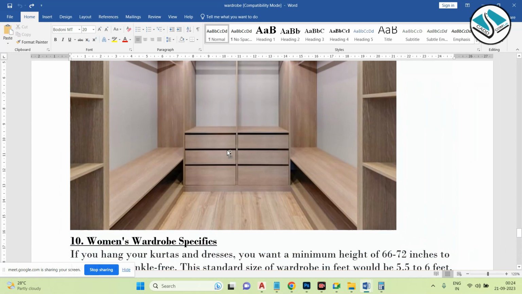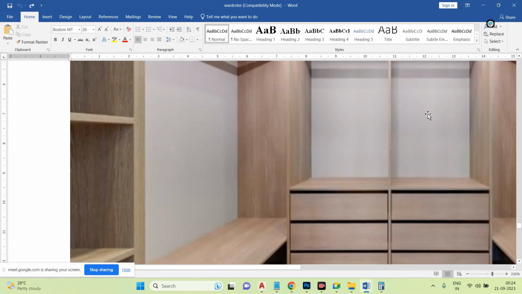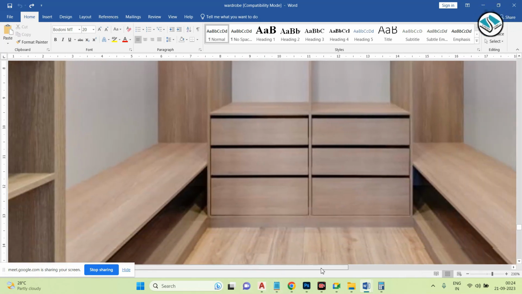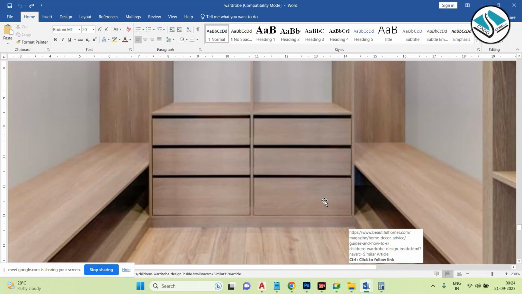This one. The 2 drawers are the same and the bottom one is quite bigger. The reason is the bottom drawer is only for the shoe rack, only for the shoes, and the top drawers are for other storage.